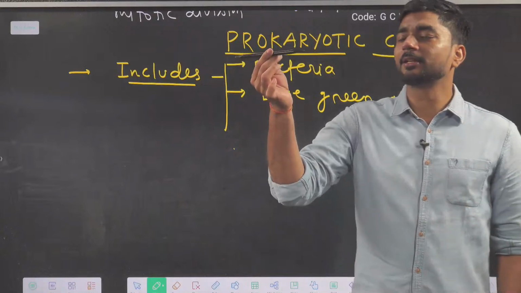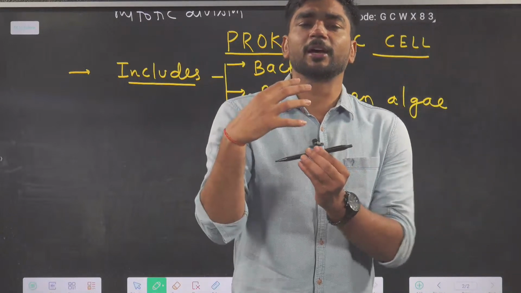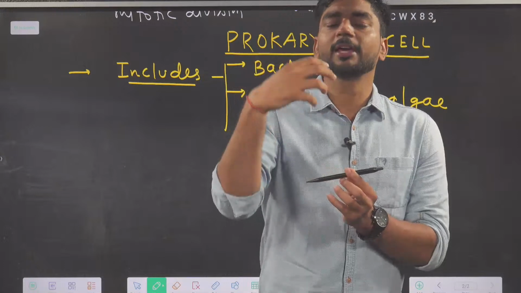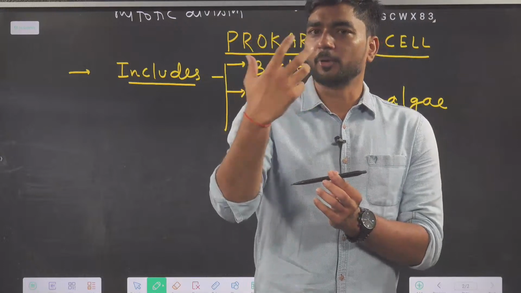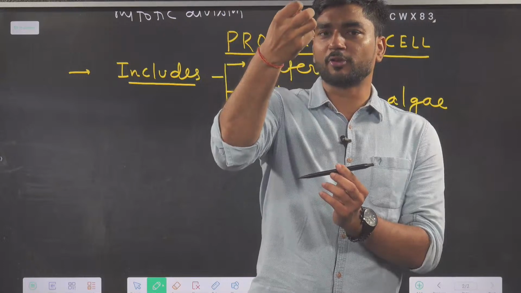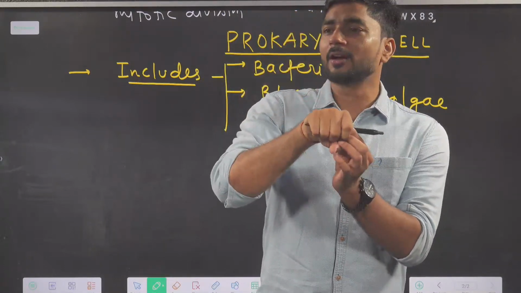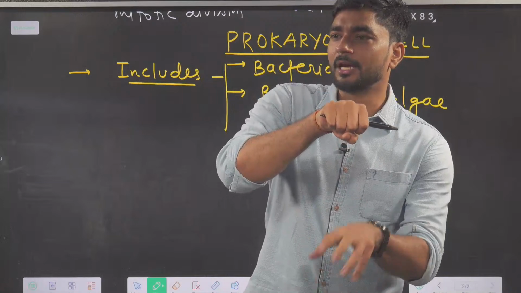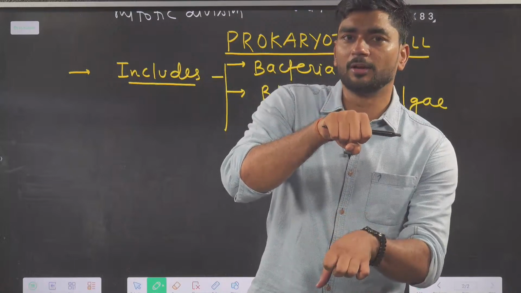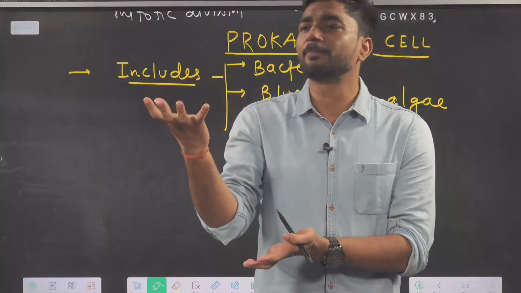Because let's say this is the blue-green algae, and only this blue-green algae has the potential to fix nitrogen from the atmosphere and transfer it into the soil. After that, this nitrogen is utilized by the plants.